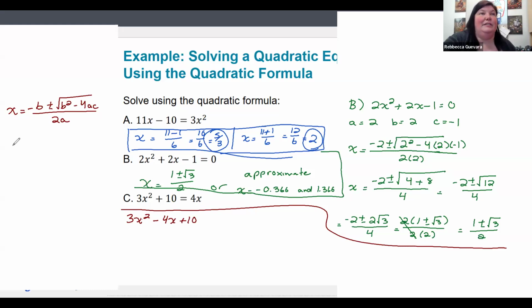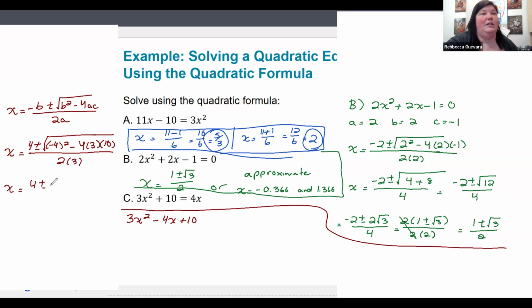So what we see here is that if I fill in my formula, my b comes from the middle. So minus b is negative 4. So we have plus 4 plus or minus the square root of minus 4 squared minus 4 times a, which is my 3, times c, which is my 10, divided by 2a, so 2 times 3.